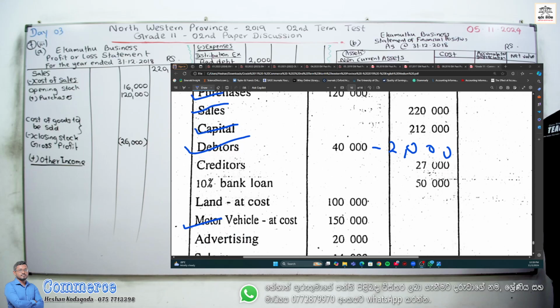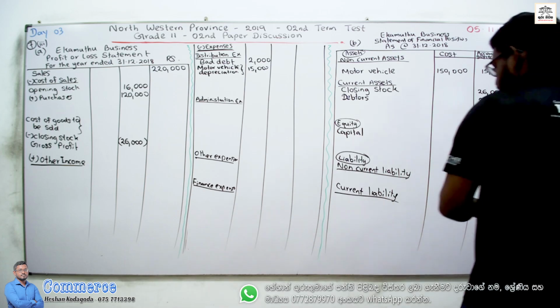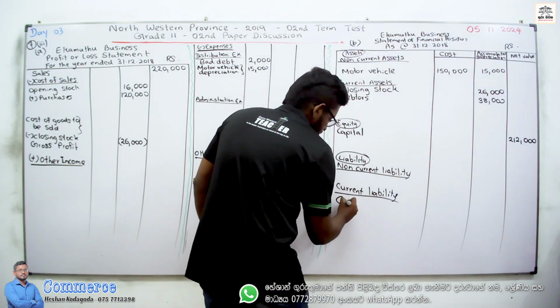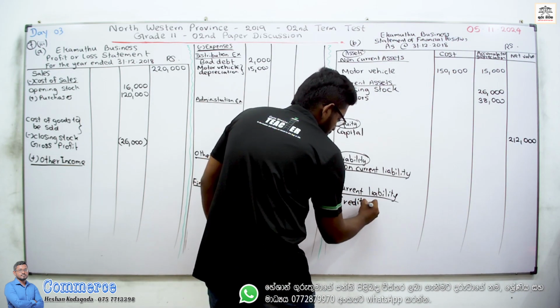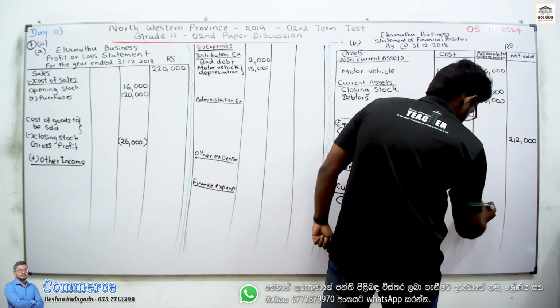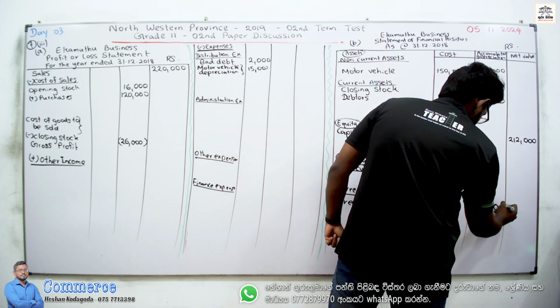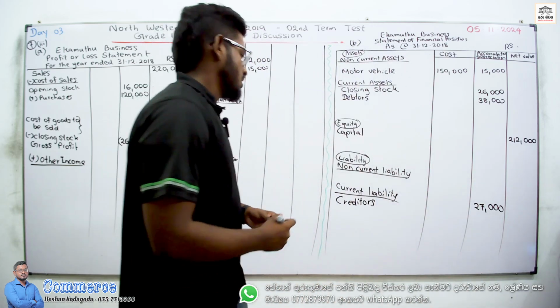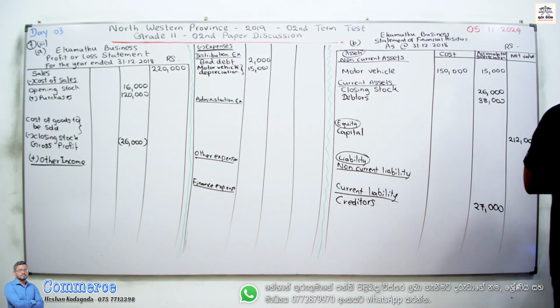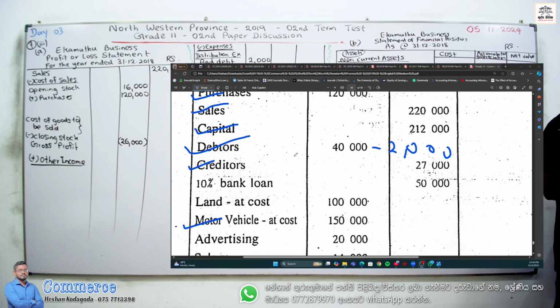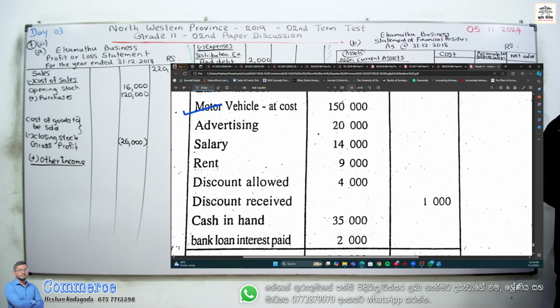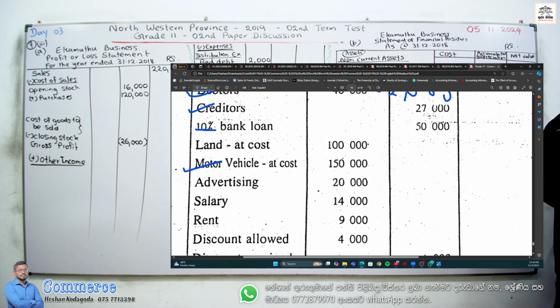Next one. Creditors 27,000. Write it in here, current liabilities. Creditors 27,000. Then 10% bank loan of 50,000.